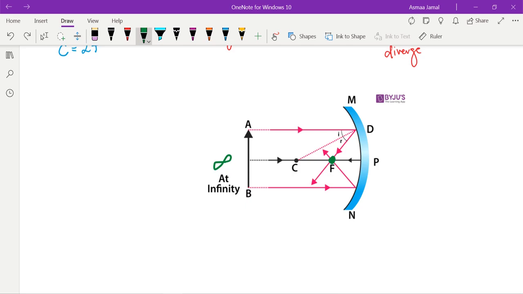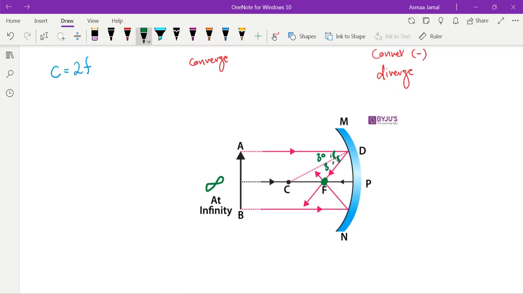As you can see here, the angle of incidence always equals the angle of reflection. If this one is 30, this one will be 30 also. The distance between the center and the mirror equals the focal length.